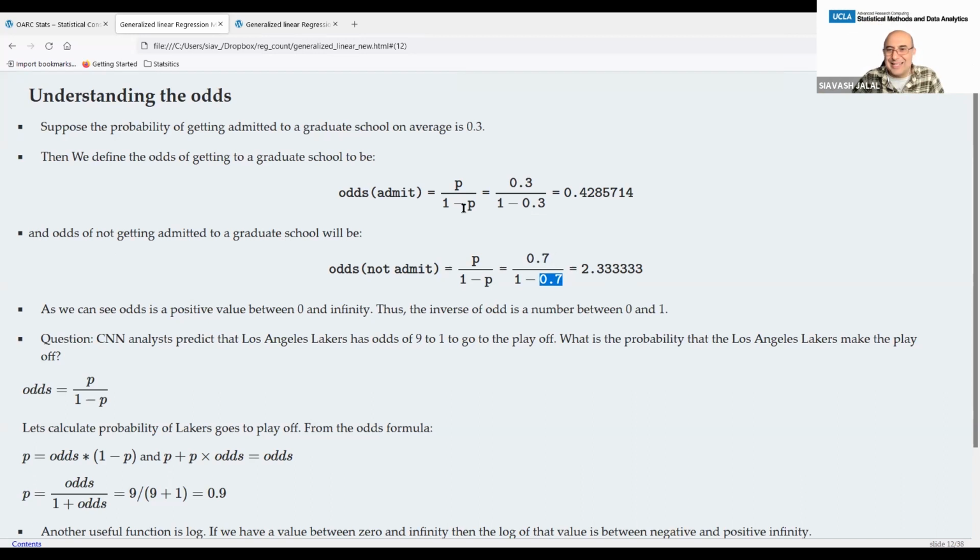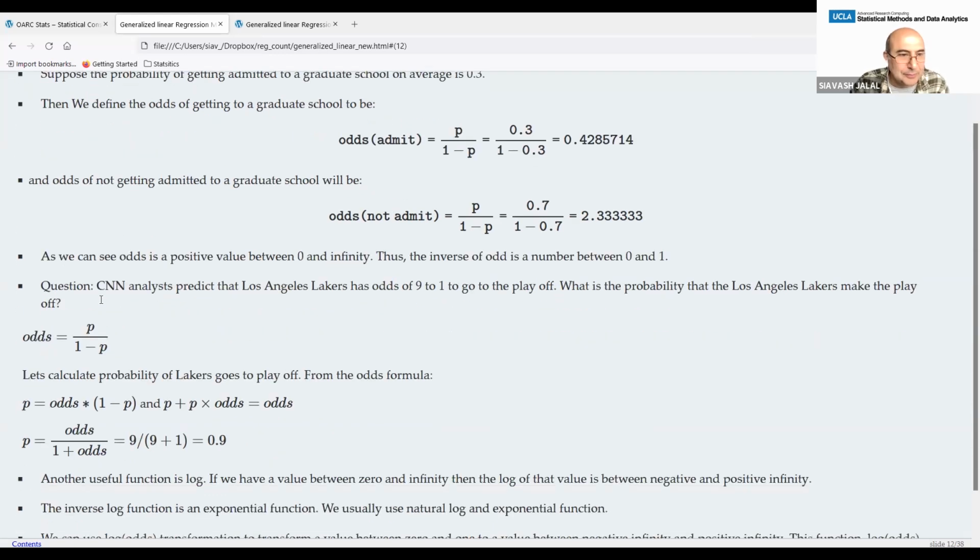So it basically goes to 1 divided by 0, which is infinity. But it never gets negative, because numerator and denominator are both probabilities. One is the probability of success, one is the probability of failure. Okay, so that's for the odds.